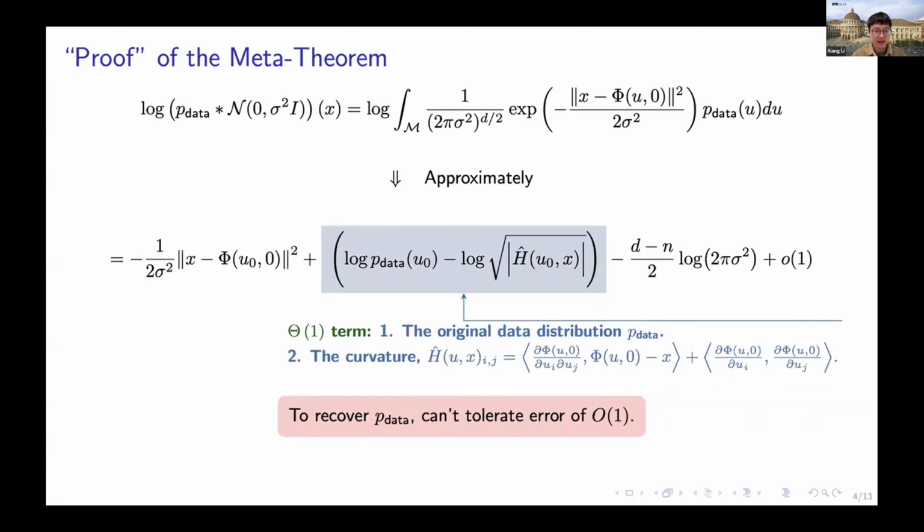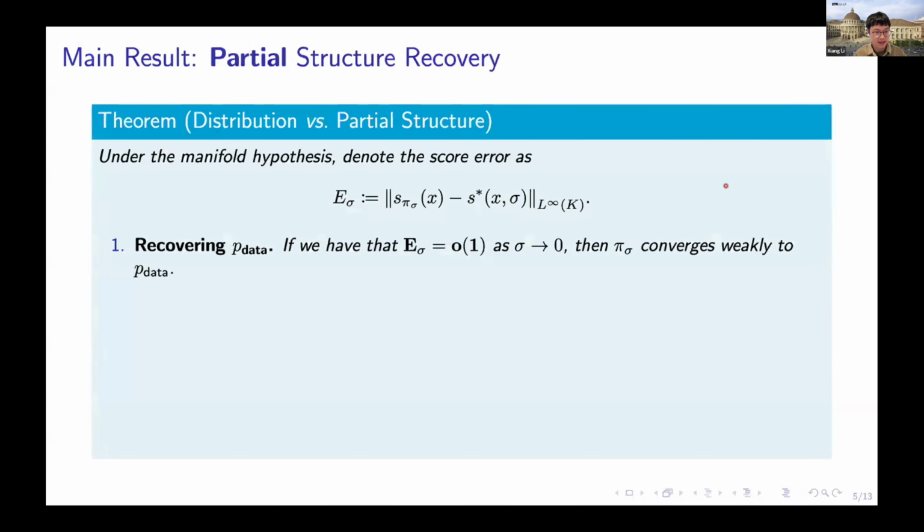Okay, good. Our exact theory states this. Under the manifold hypothesis, we denote our score error as E sigma. If E sigma is of order small o(1) as sigma goes to 0, then, as we can see from our intuition, we have already recovered the geometry term and also the density term.